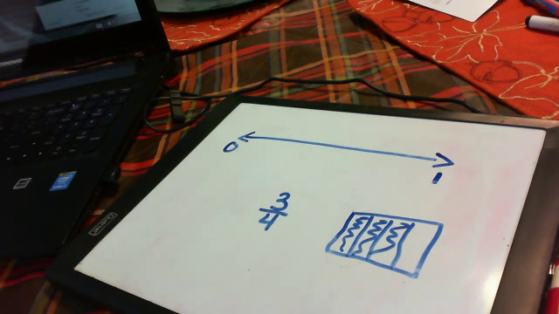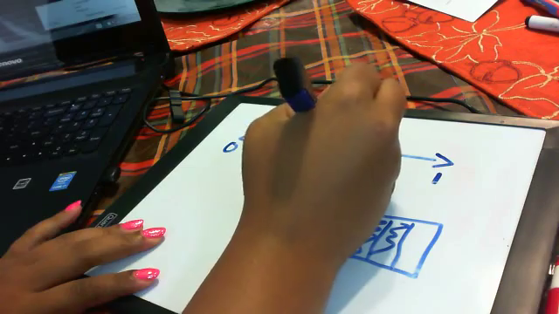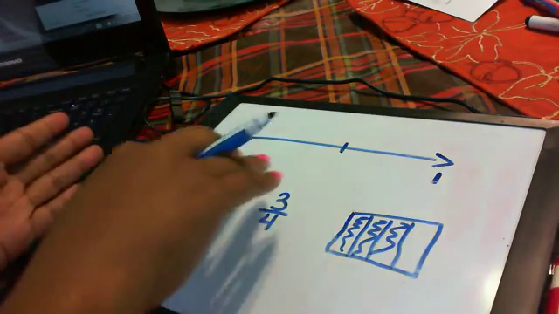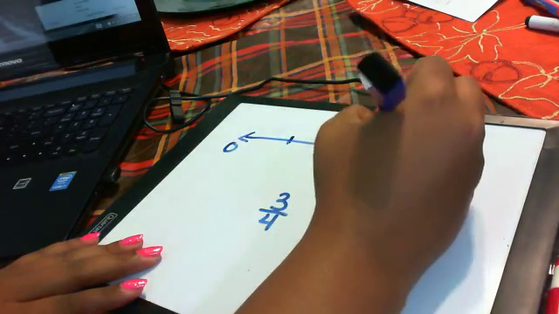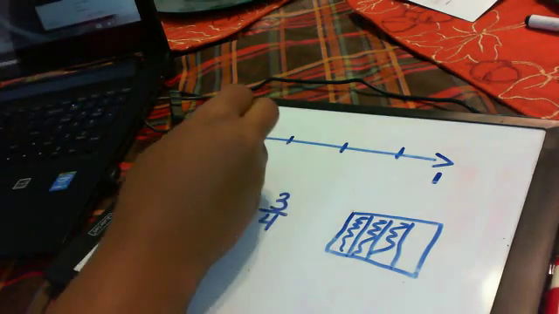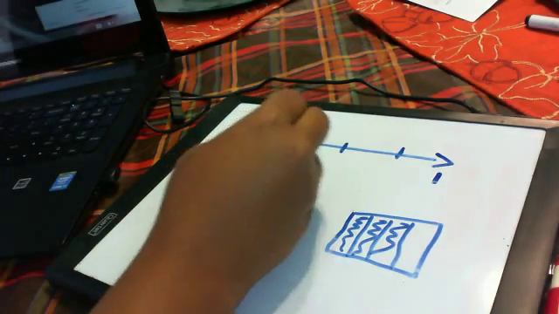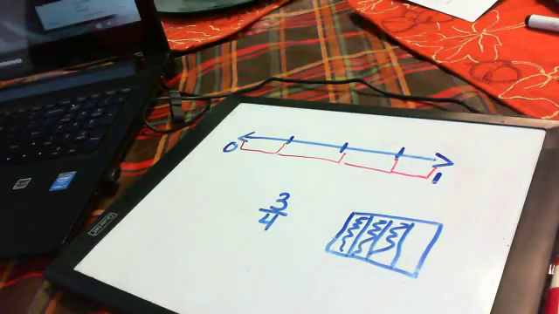We're still going to have equal parts, and we need to have 4 equal parts. So, I'm going to start by dividing this one in half, because that would give me 2 equal parts. And then I would divide each of those in half. So now, if we're actually looking at the parts, then we have 1 part, 2 parts, 3 parts, and finally 4 parts.